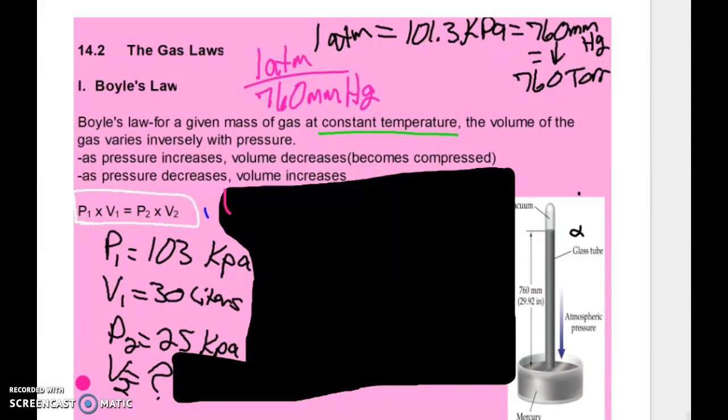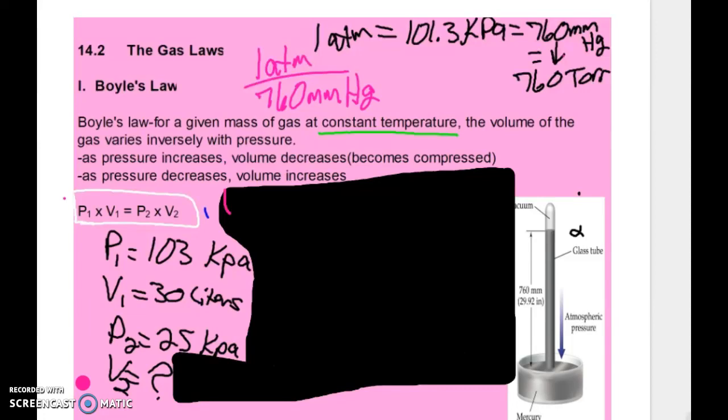Boyle's law has a very specific equation: P1 times V1, where P1 stands for pressure number 1 and V1 is volume number 1, is equal to P2 times V2. What this says is the original pressure times volume is equal to the final pressure times volume. If I take that balloon and multiply pressure times volume and I get a value, and then I compress that balloon, the volume is going to be smaller, but the pressure is going to be larger.